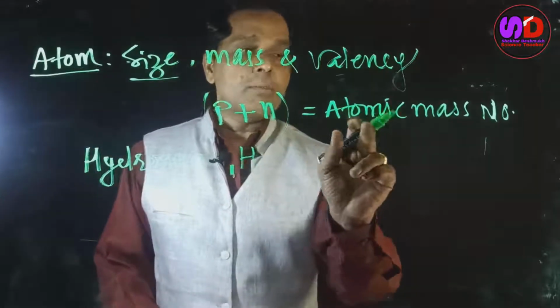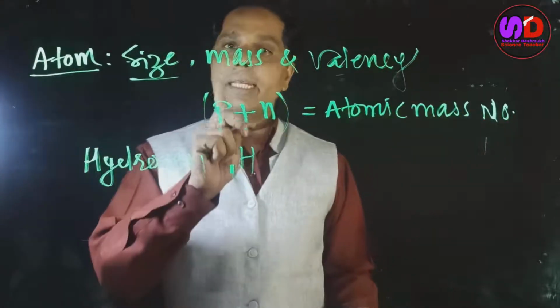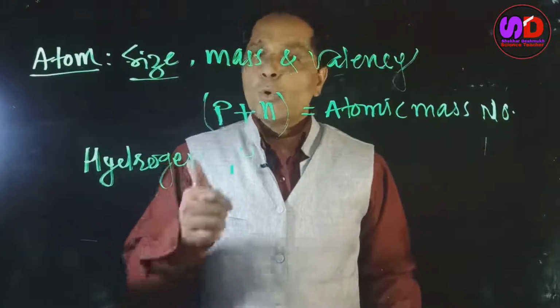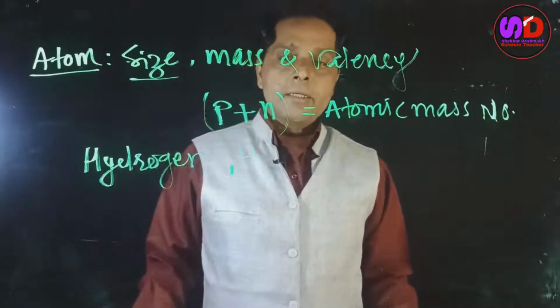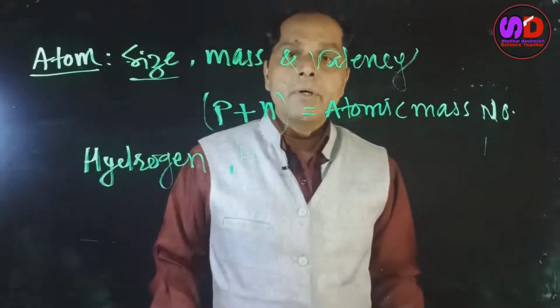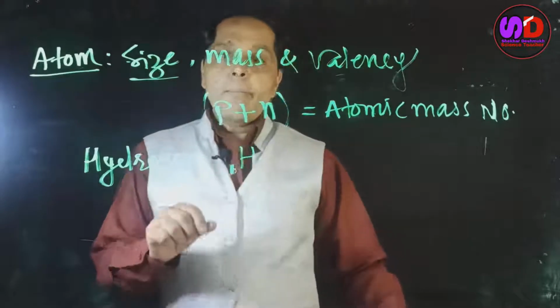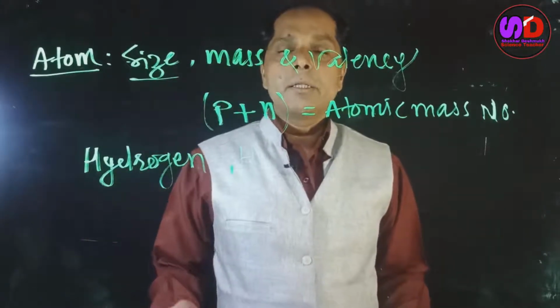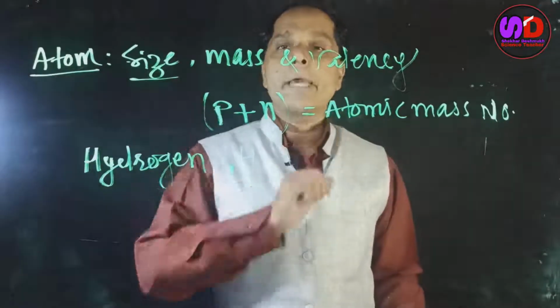Atomic mass number is 1, because it has only one proton in its nucleus. No neutron is there. So hydrogen is considered as the reference atom, and by comparing the mass of any atom with hydrogen, the relative mass of that atom can be calculated.